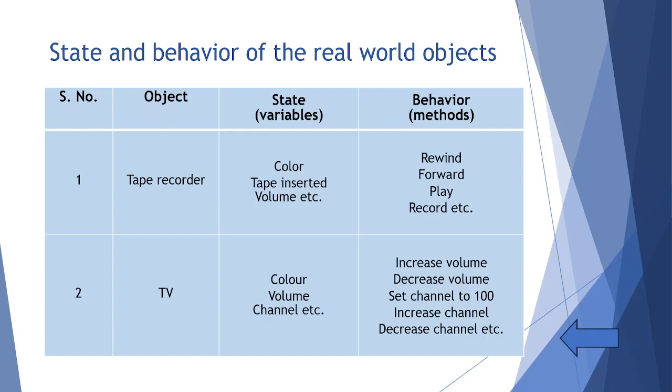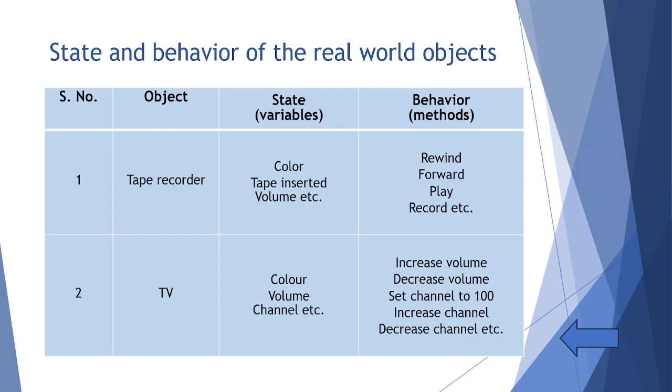I can listen to one tape today, another tape tomorrow. Volume can be increased, decreased. State can be changed. State is given in variables. Now, behavior is rewind, forward, play, record. These do not change. Rewind means rewind, forward means forward, and things like that.